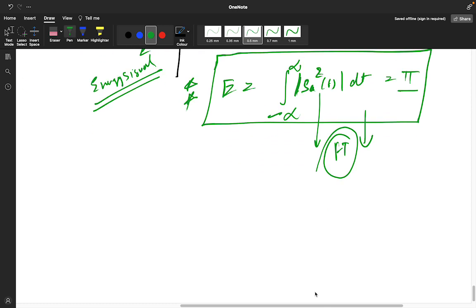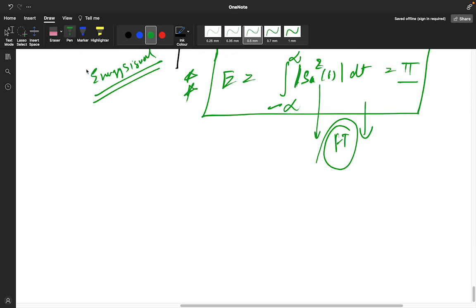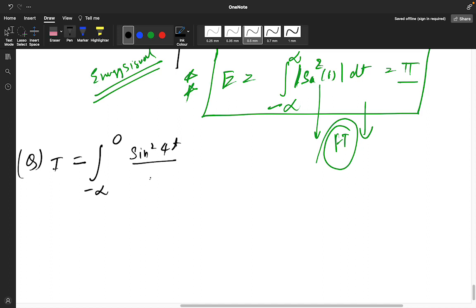Now I have one question, guys. You need to find the integration from minus infinite to 0 of sine square 4t divided by t square dt. So what will be the answer of this?